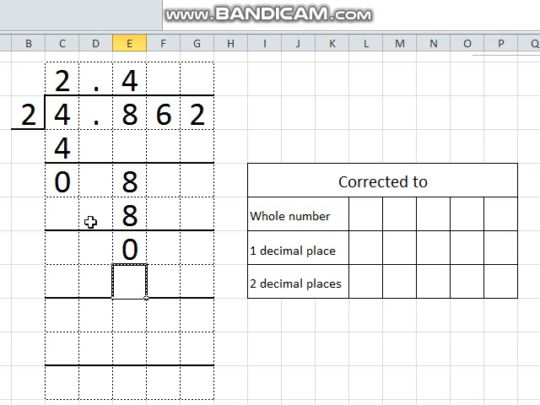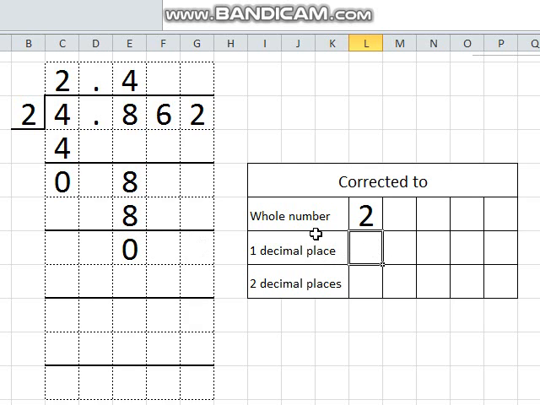You do not need to continue to do the division again, even though you have the remaining digits over here. If you only want to get the result corrected to the whole number, then you stop here. Okay, because you already have one decimal here. So you just check this digit, and it is 4, which is less than 5, so the 2 just stays the same. You cannot round it up, it just stays the same.